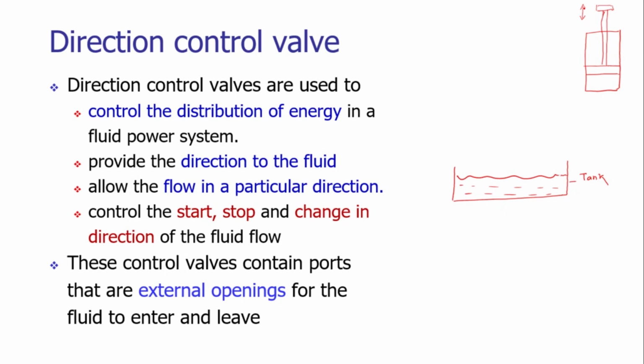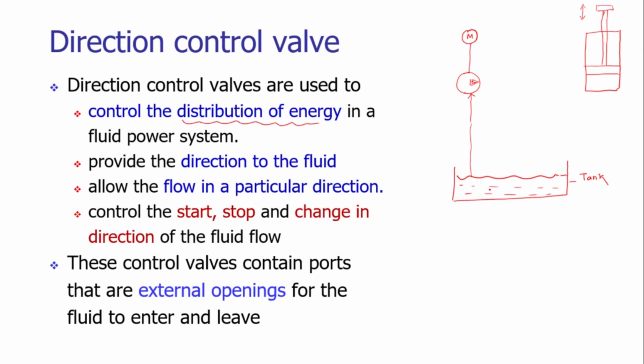So as we have seen in our previous class, we need a motor, and that motor is driving a pump. So an electric motor is there, and that electric motor is driving a pump. Let us consider we are having a pump. This pump is getting the fluid from the tank, and from the pump now we have to distribute the energy.